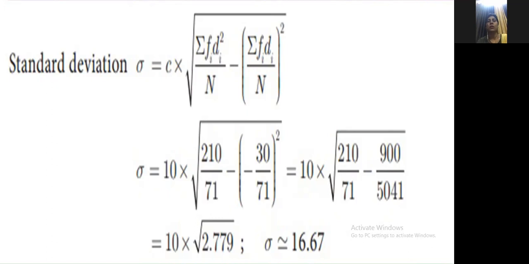The class interval, which is in front, is 10, multiplied by the square root value. On multiplying the class interval with the square root value, we get the standard deviation as 16.67. So the standard deviation of this question by using the shortcut or step deviation method is 16.67 for grouped data, or continuous frequency distribution.